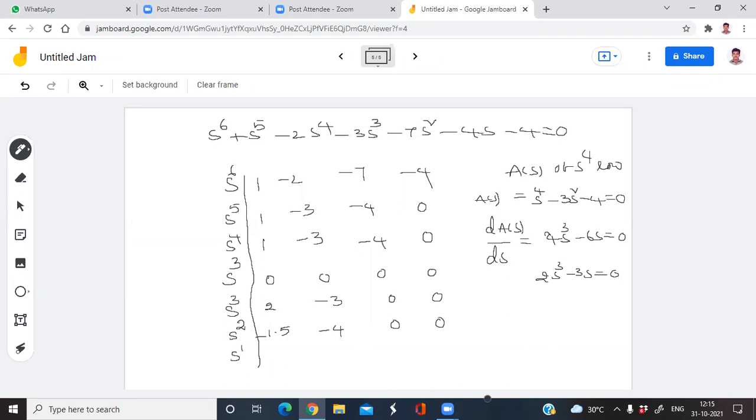Now s^1. Minus 1.5 into minus 3, that is 4.5, plus 8, it's 12.5, right? What's the value here? Is it minus or plus?